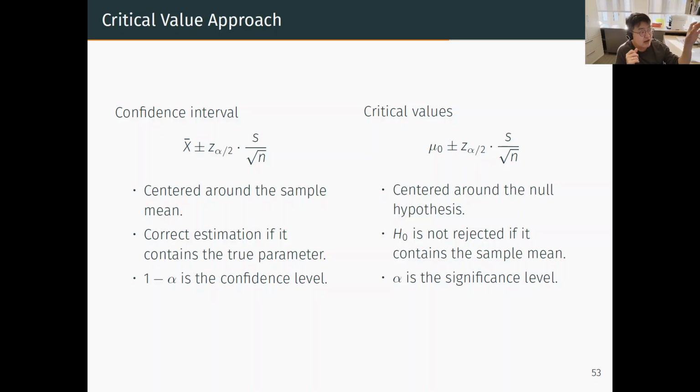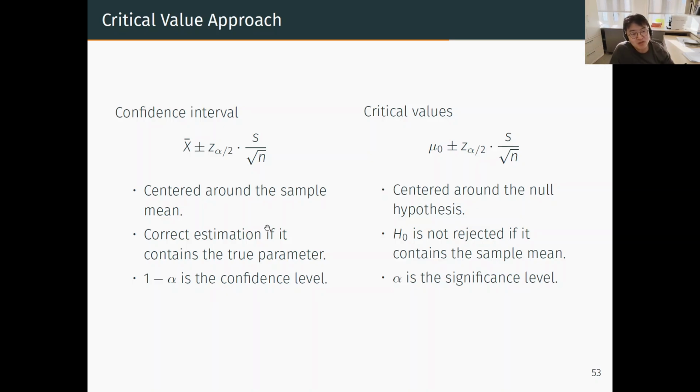If the interval of the critical values does not contain the sample average, then you have to reject the null hypothesis, right? So in estimation, I don't know where the true parameter is, but in hypothesis testing, you know where the sample average is. So you calculate the critical values based on your hypothesis and compare that with the data, right? But the confidence interval is based only on the data.